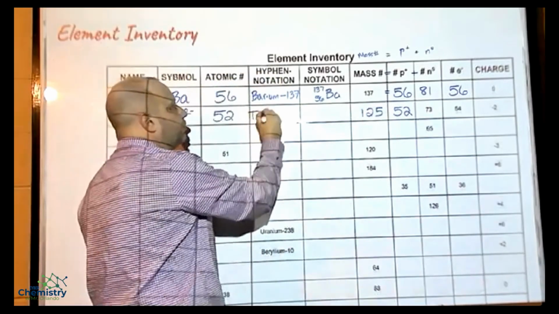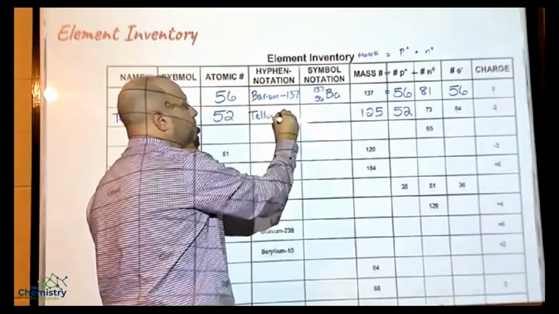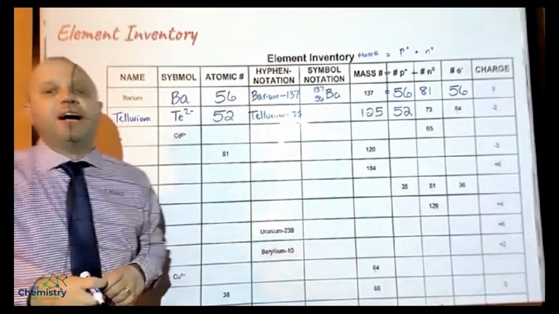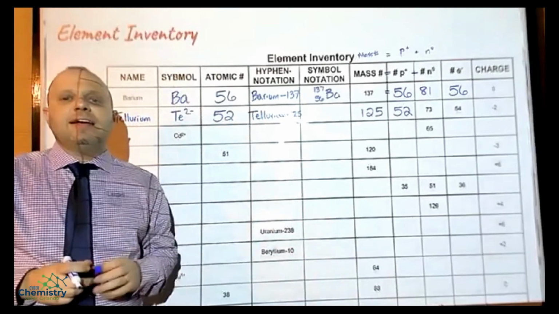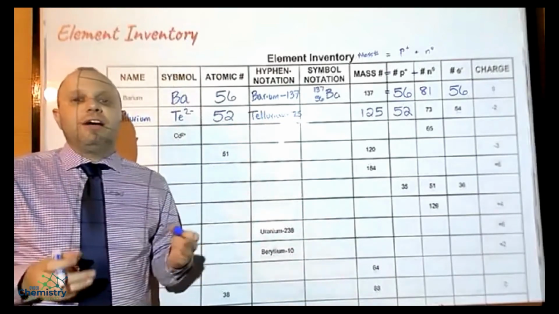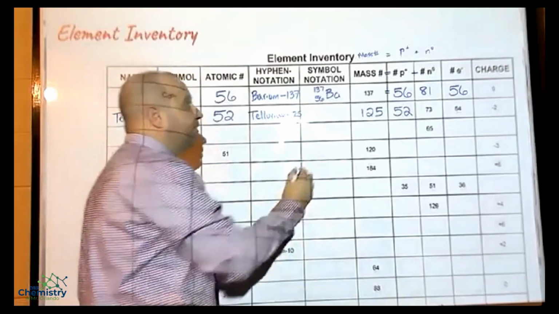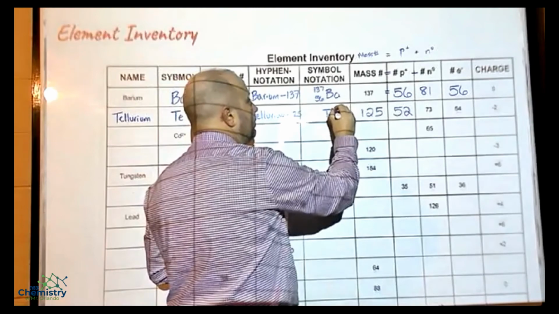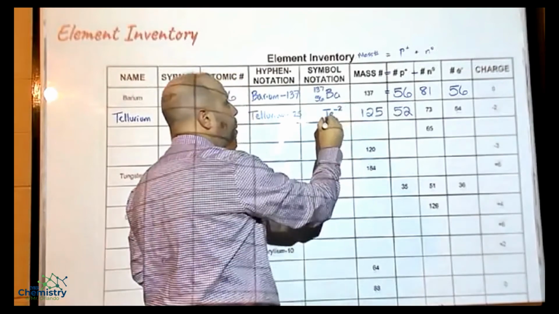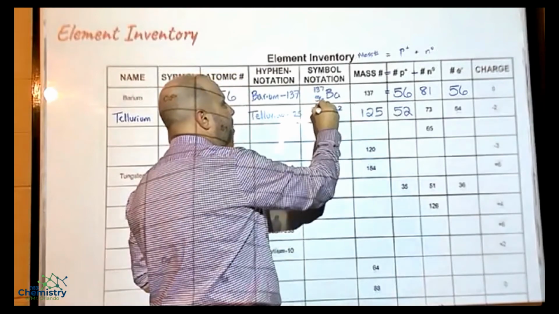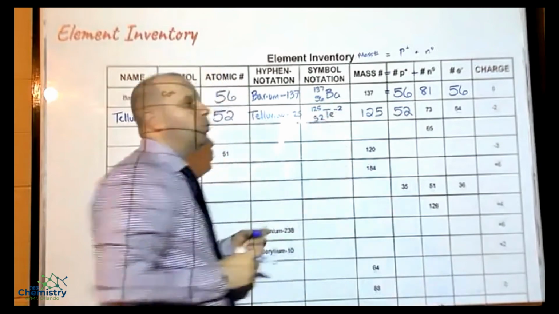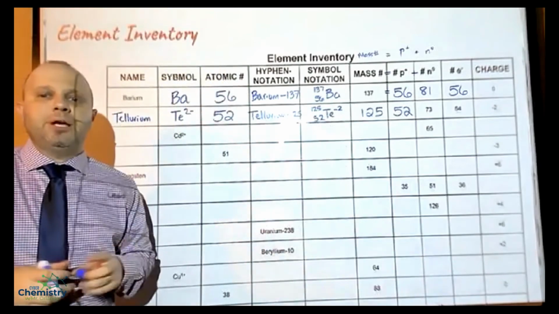So now I can write tellurium-125. And then finally, with my symbol notation, I have Te. I have, in this case, a charge of -2. Up top, I write my mass. On the bottom, I write my number of protons or my atomic number, same number.